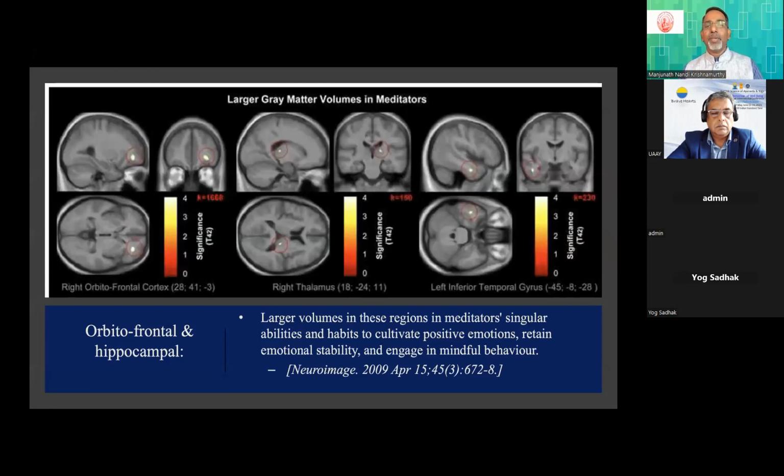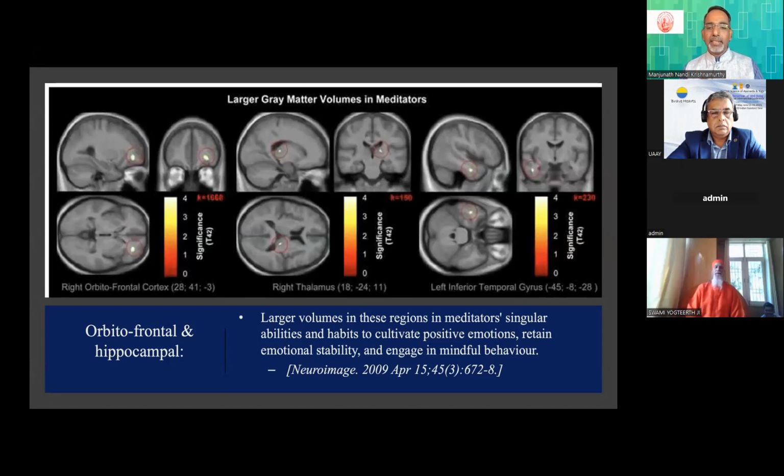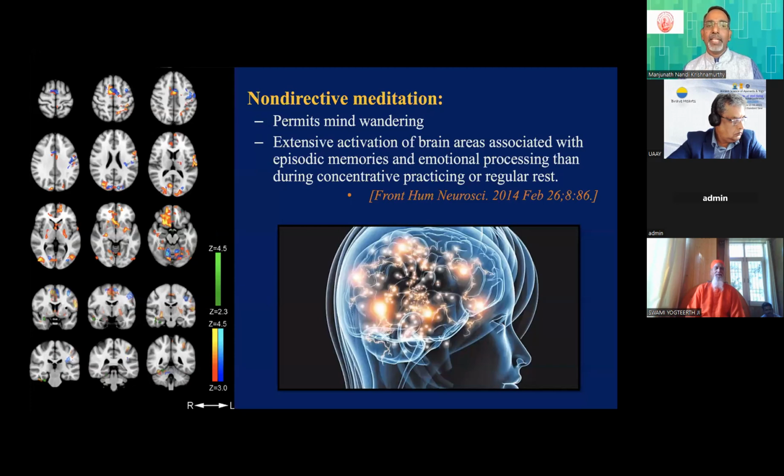Larger gray matter volumes were also seen in meditators, particularly suggesting that a singular ability and habit to cultivate positive emotions, retain emotional stability, and engage yourself in mindful behavior was an important finding.